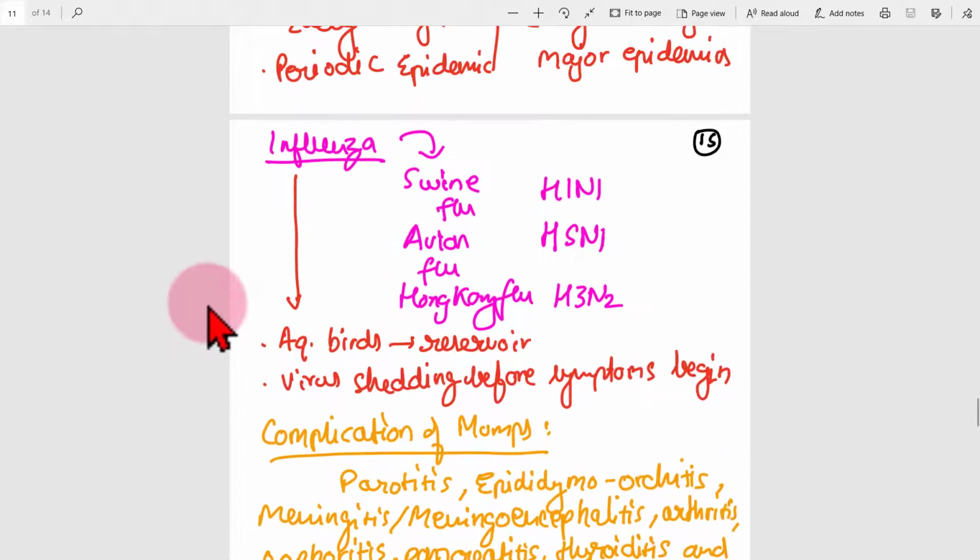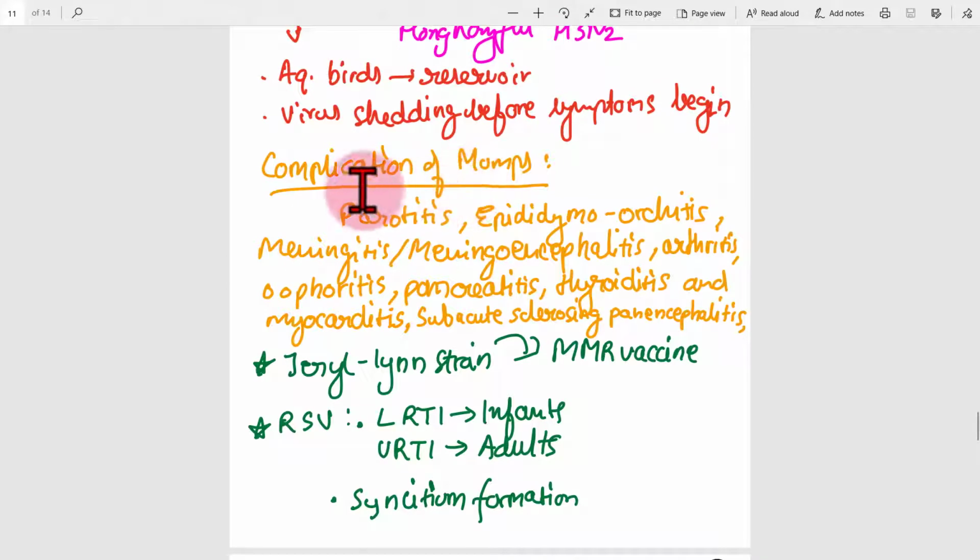Now looking at some of the complications of mumps. Mumps can result in parotitis, epididymo-orchitis, meningitis, meningoencephalitis, arthritis, oophoritis, pancreatitis, thyroiditis and myocarditis, as well as subacute sclerosing panencephalitis.